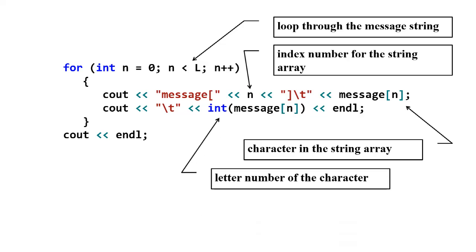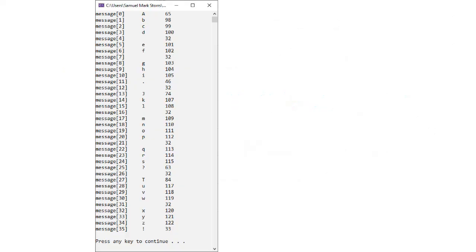Then it prints out the letter and the ASCII number for that character. The int operator used as a function will take the ASCII character in the message and return its ASCII code number in decimal.